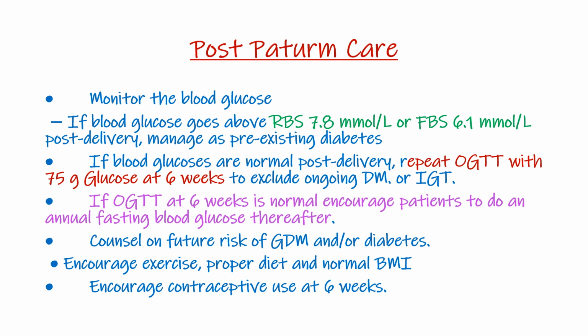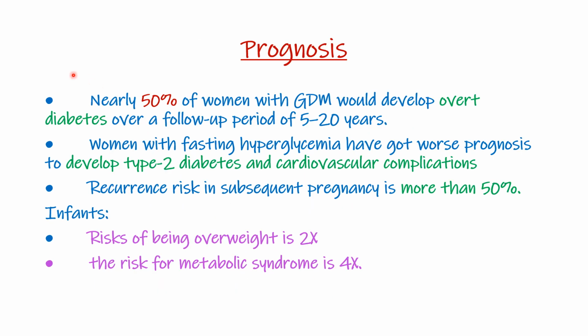So in terms of prognosis, nearly 50% of the women with gestational diabetes will develop overt diabetes. Overt diabetes is where you have the 2 types of diabetes, insulin dependent and non-insulin dependent, over a follow-up period of 5 to 20 years. Women with fasting hyperglycemia have a worse prognosis to develop type 2 diabetes and cardiovascular complications.